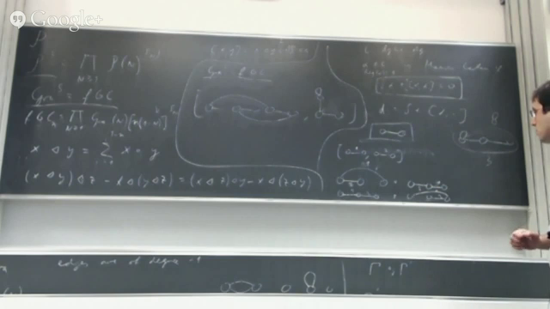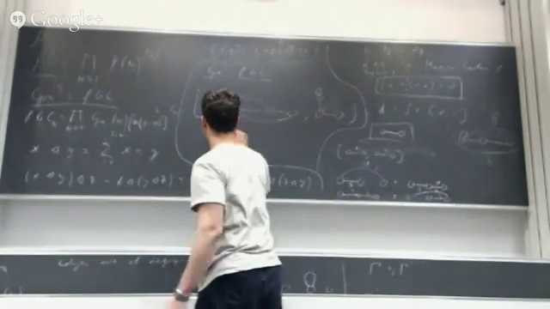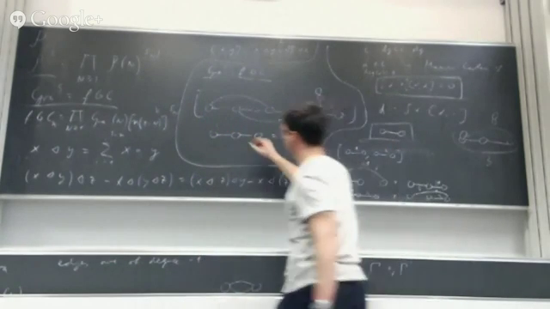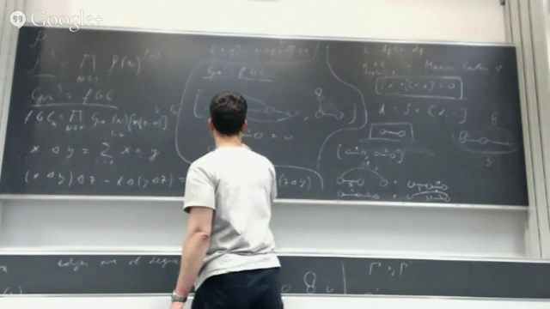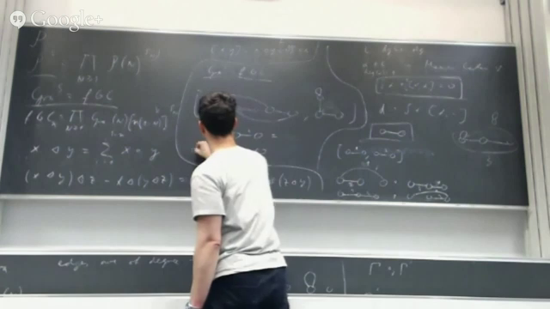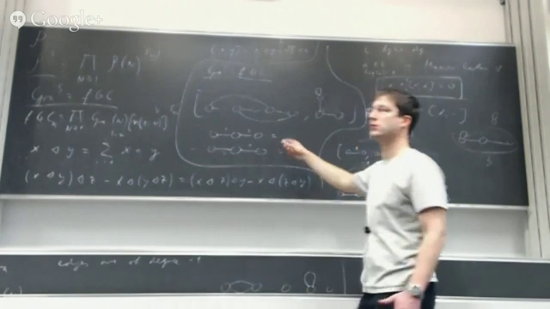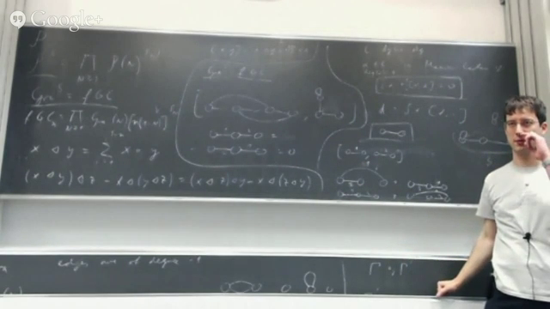Then I guess all the graphs are the same, so it's 4 times. Yes, but what I forgot here is that this is always 0. Why? Because if I call this 1 and this 2, this equals minus 2, 1, but these are the same graphs, so it's 0. The same story as when I showed that there are no multiple vertices.